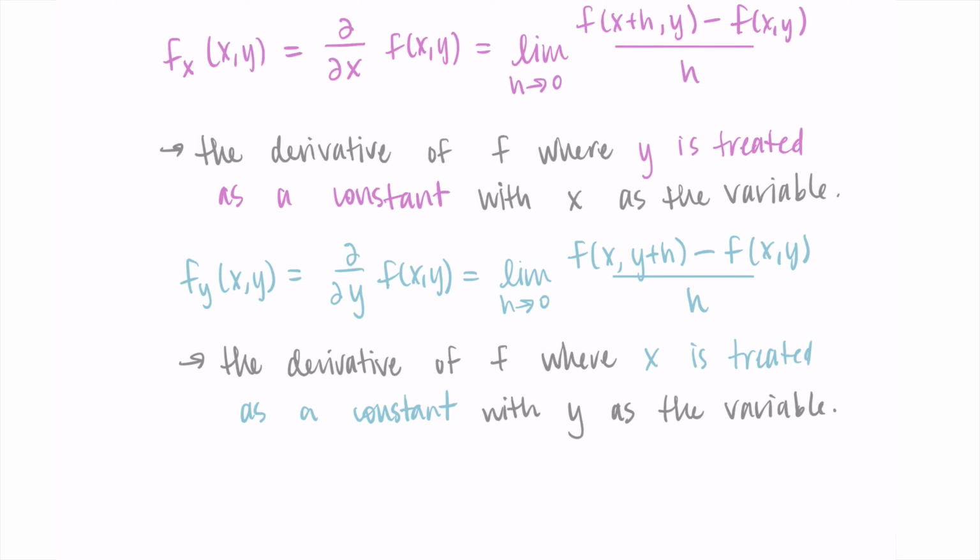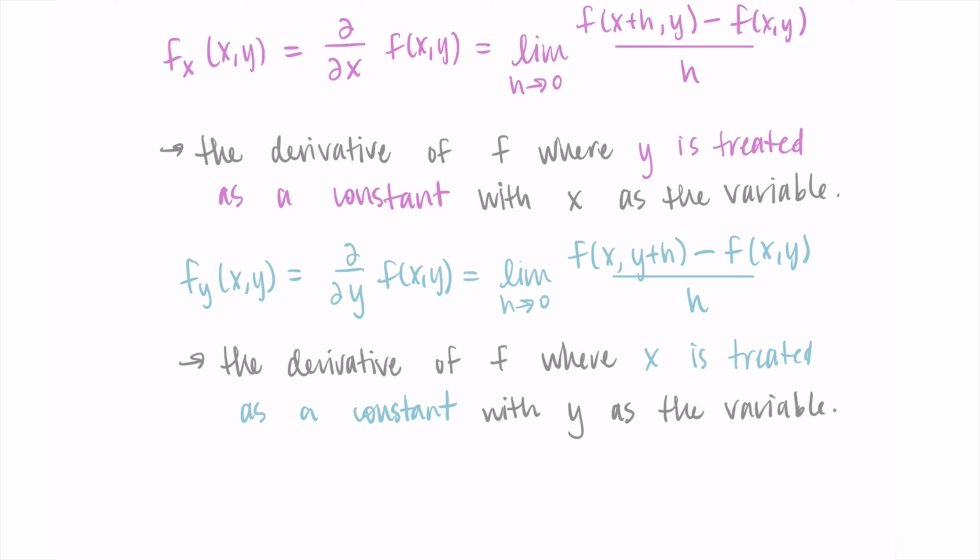Okay, so I want to show you some examples, but really quick before I do that, let me just give you some more notation. Just like with derivatives that we've learned previously, there are lots of different ways to write the same thing. We have a similar case with these partial derivatives with x and y. So let me write down that more notation for you so that we can start practicing it.